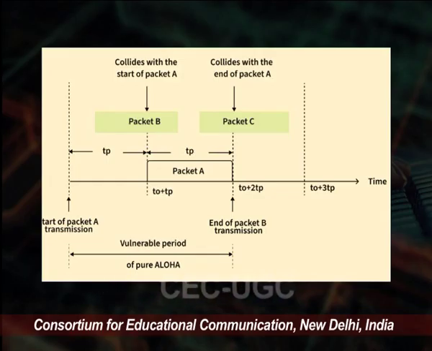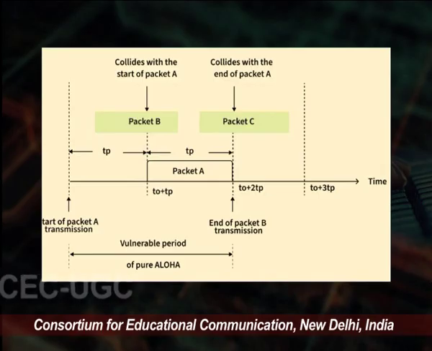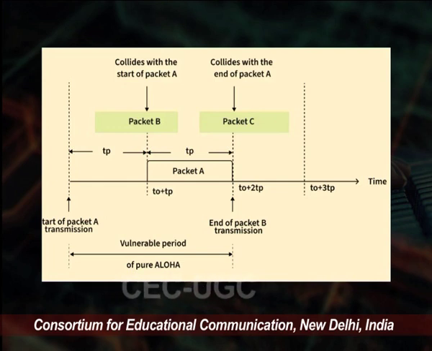In which situations is packet A going to collide with packet B or packet C? Considering packet A on one horizontal line and packets B and C on another, the end part of packet B can collide with packet A's first part, or otherwise with packet C.